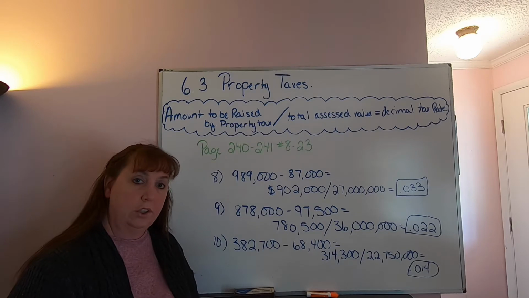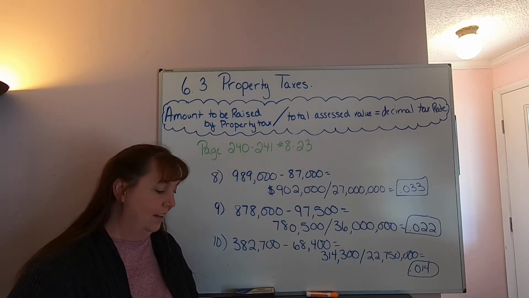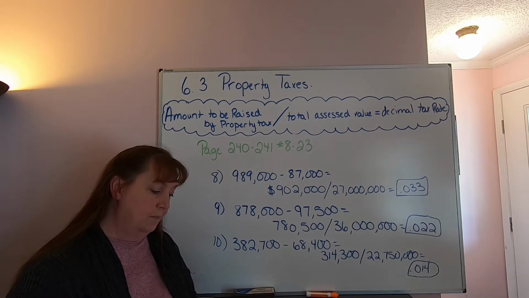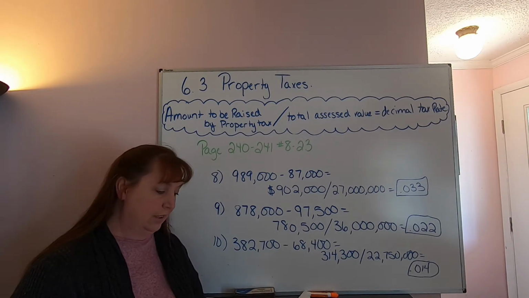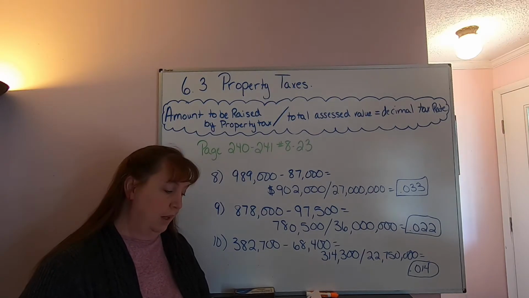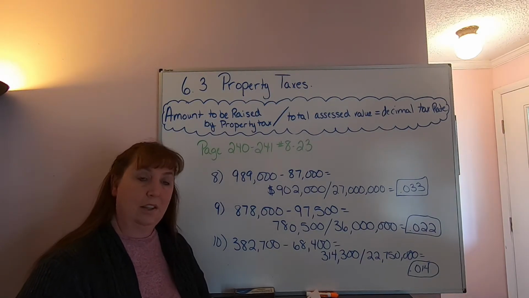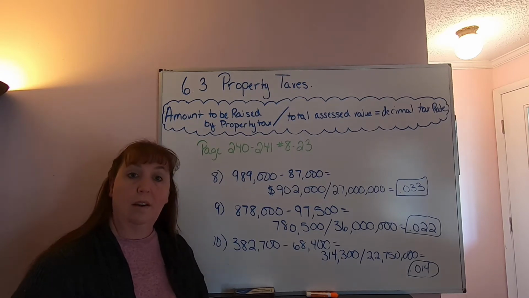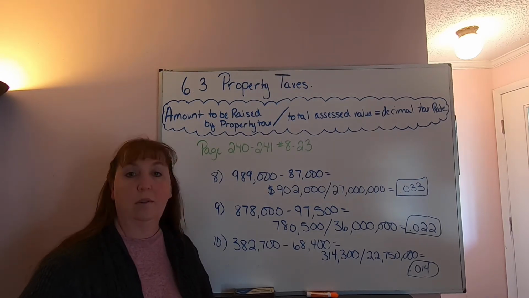Question 11, you're going to do the same procedures again. You're going to take the total expenses, $396,300, and subtract the $45,600. You get $350,700 divided by the $7,900,000.